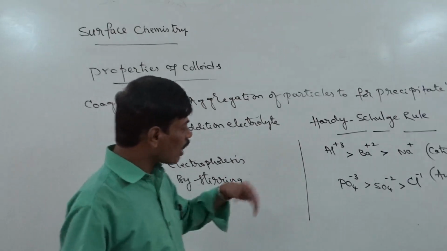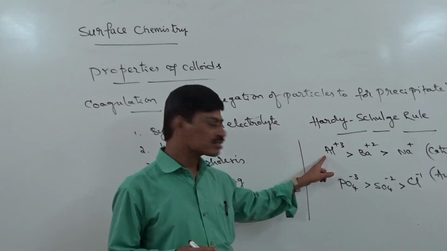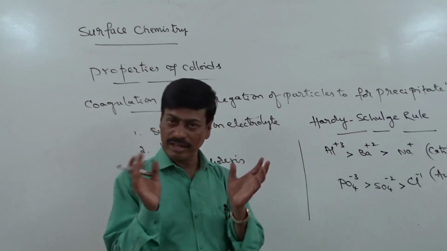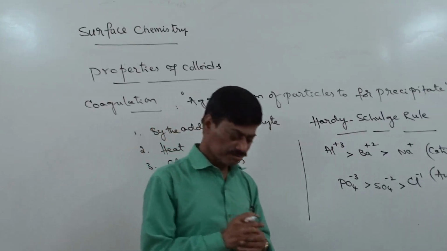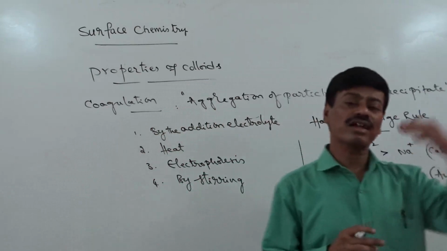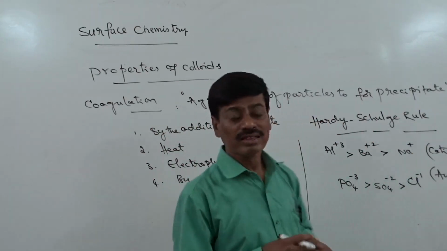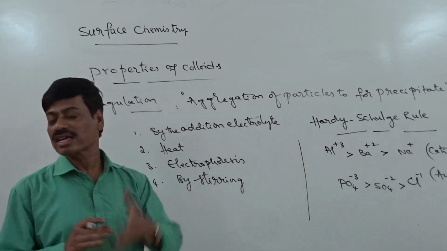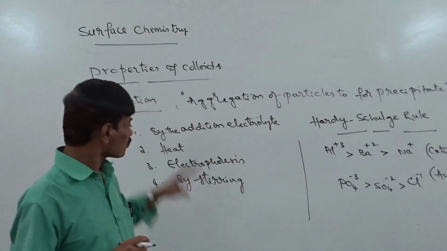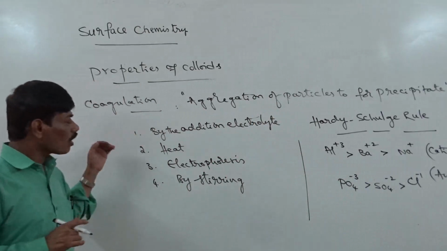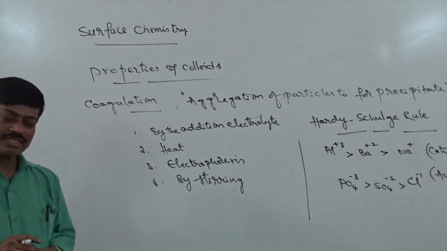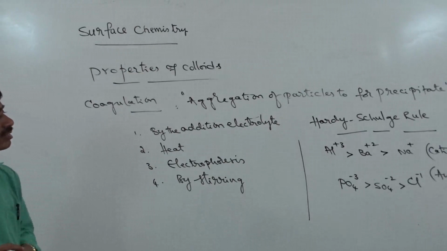So if there are two separate colloids, one with Al+3 and another with Ba+2, and we add the electrolyte whose valency is more, that will bring about this coagulation fast. That is the meaning, right? That's about the coagulation phenomenon, the factors that can bring about coagulation, and then the Hardy-Schulze rule.